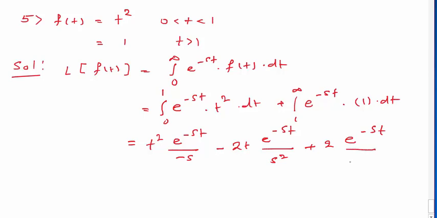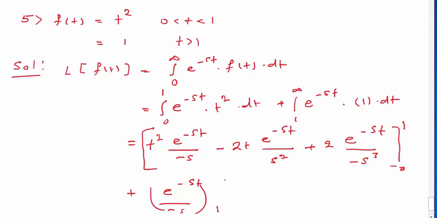The limit is 0 to 1, plus the next part is 1 into e raised to minus st upon minus s, and the limit will be from 1 to infinity.